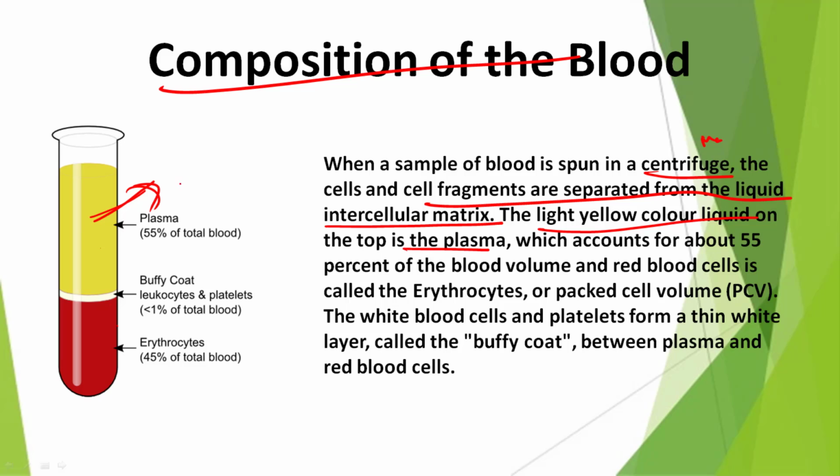The topmost is yellow in color, called plasma, which constitutes 55% of total blood. The second is erythrocytes or RBC, red blood cells, which constitute 45% of total blood. In between plasma and erythrocytes there is a buffy coat which consists of leukocytes and platelets.